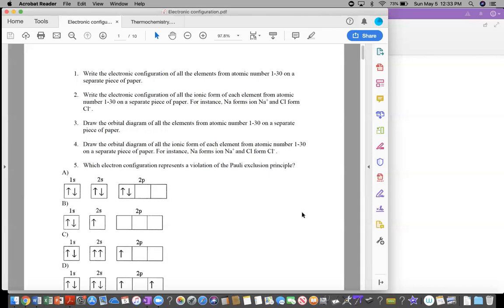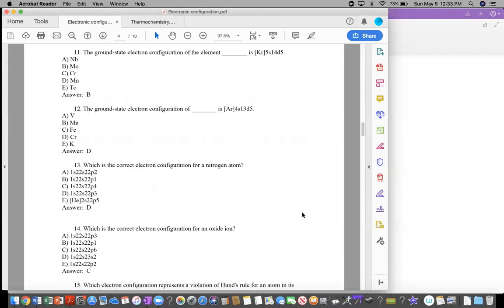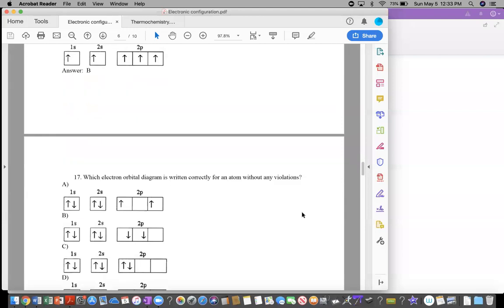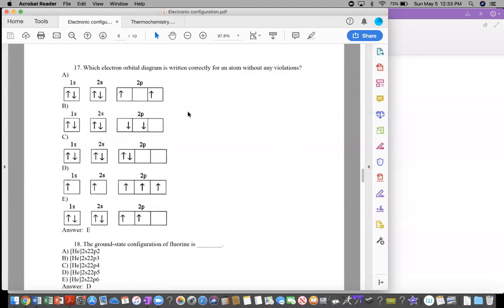Number 17. It says which electron orbital diagram is written correctly for an atom without any violations. So it's just asking which one looks correct.